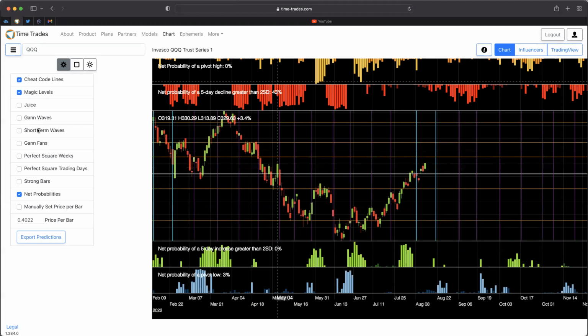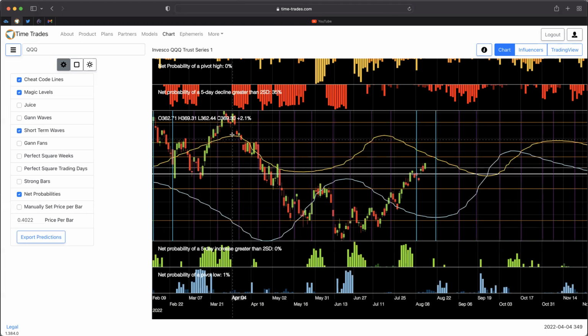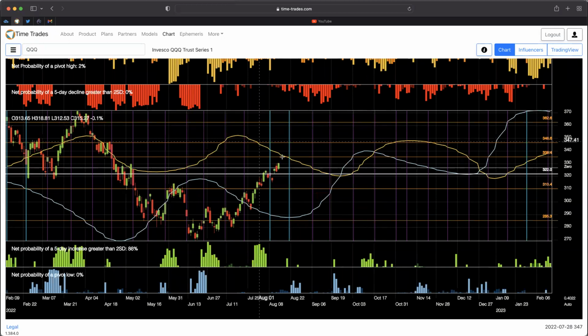And we also have short-term waves, okay? And in short-term waves, we've got yellow, which is Mercury speed, and we've got blue, which is Mercury-Venus separation in longitude, okay? So one of the things I like about the short-term waves is it really clarifies where Mercury is in its retrograde cycle.